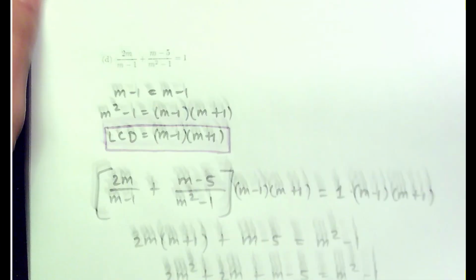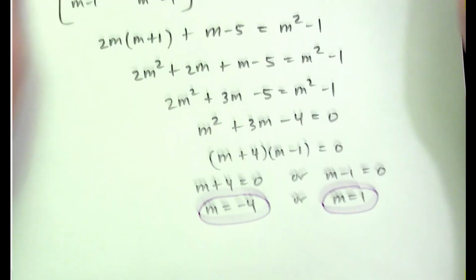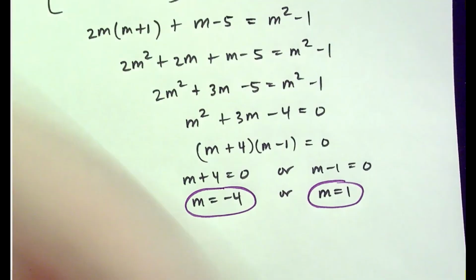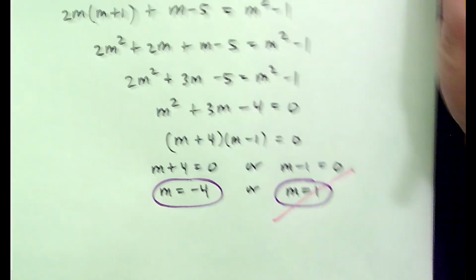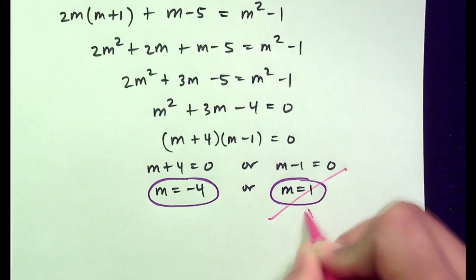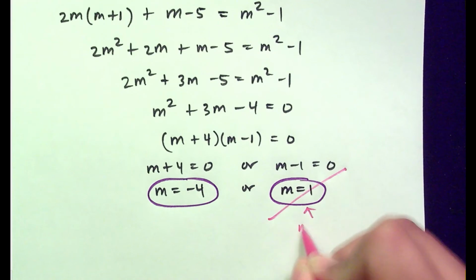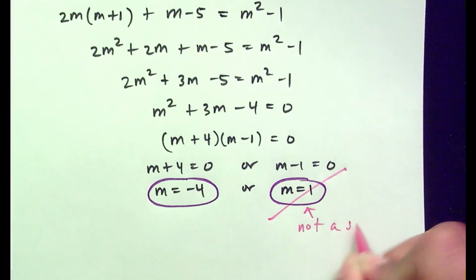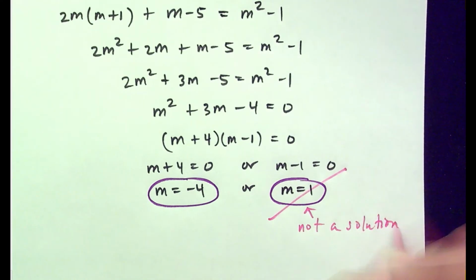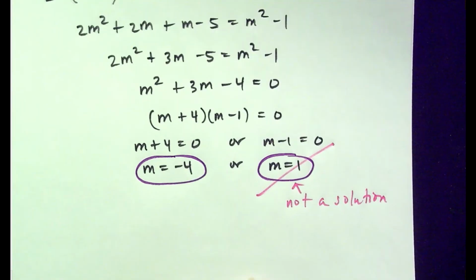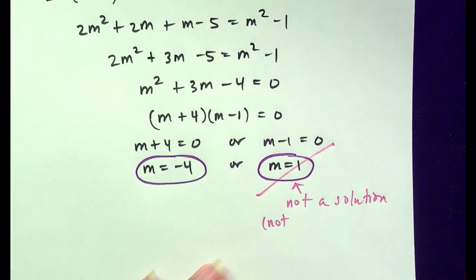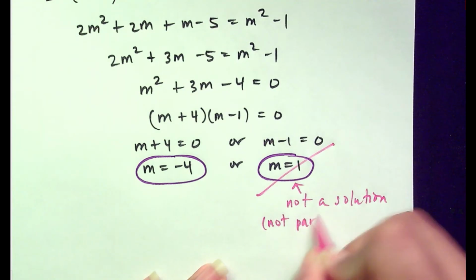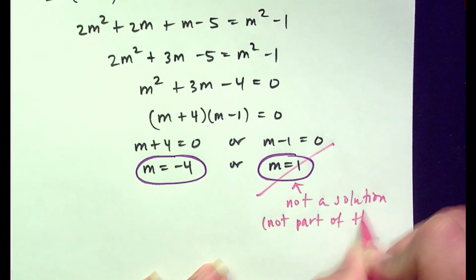So this solution is not good. This is not a solution. It makes one of the denominators equal to 0. We sometimes say that by writing it is not part of the domain.